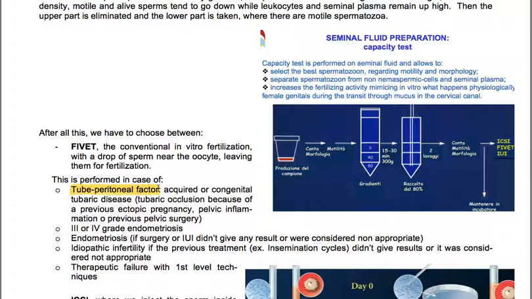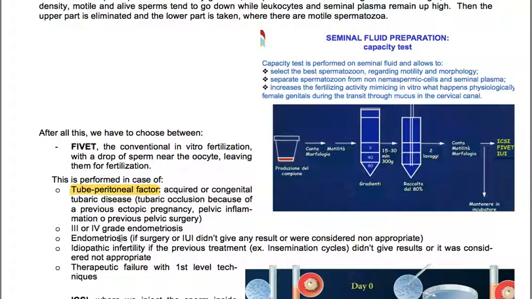Also, it's performed in case of third or fourth grade endometriosis, or in case of endometriosis if surgery didn't give any result or was considered not appropriate.